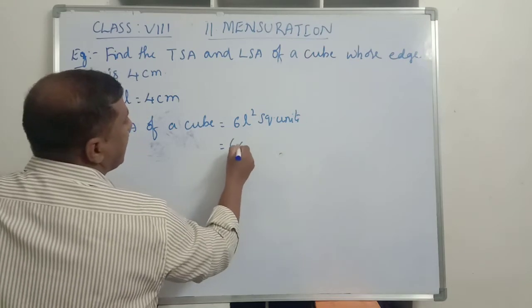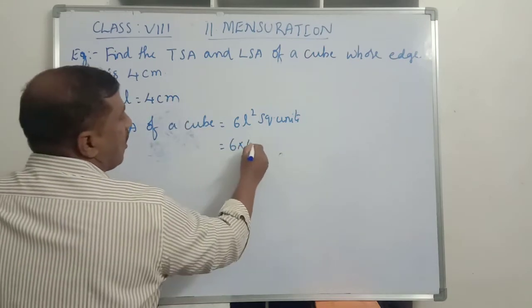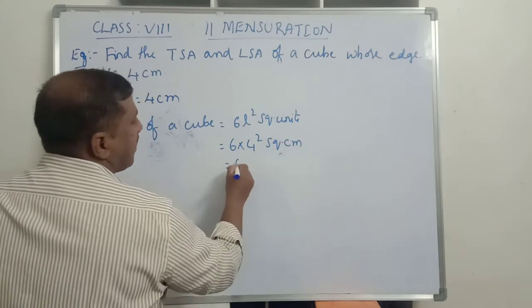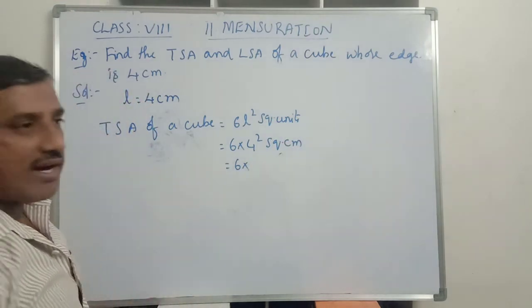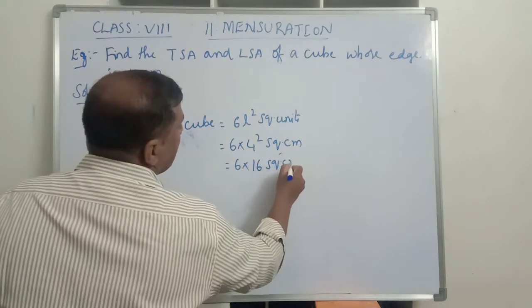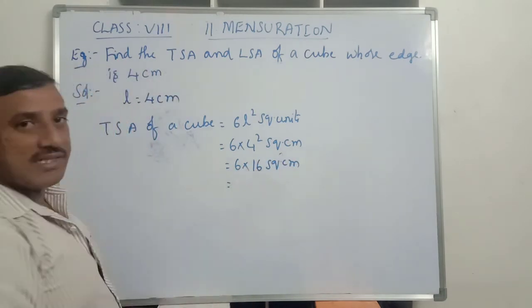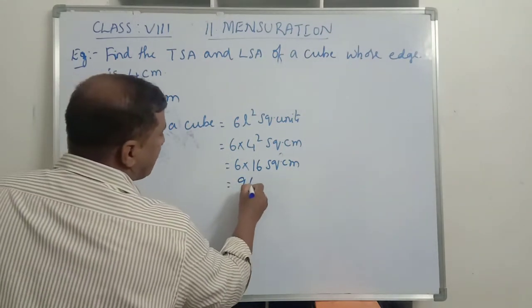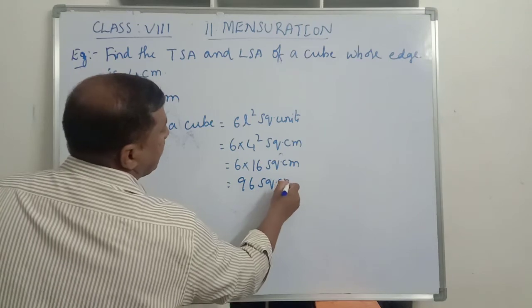That is 6 into L square, which is 6 into 4 square, which is 6 into 16. 16 into 6, 16 sixes are 96 square centimeters.